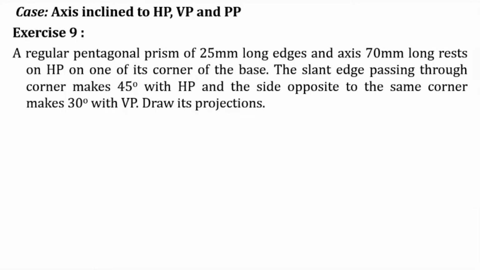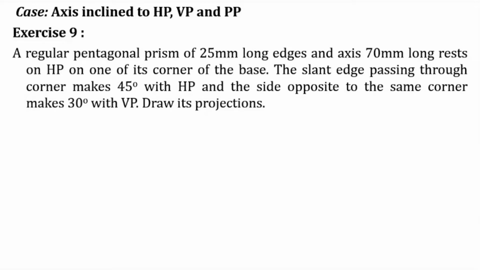In this case, the dimensions of the prism are: the base edge is 25 millimeter, and the length of the axis is 70 millimeter, and it is resting on one of its corners of the base. Obviously, in a pentagonal prism, since it has 5 base corners, it has 5 base edges also.